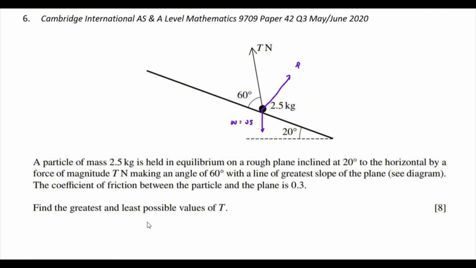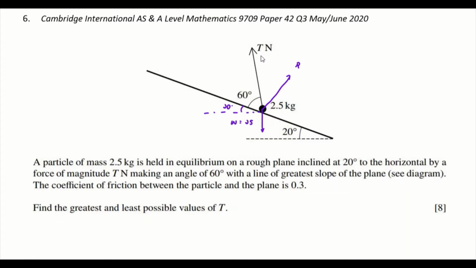Now let's label some of the important angles first. If this is a horizontal line, then I'll have my horizontal line here as well. This is 20, so this is going to be 20. You should know that 20 and 60 don't make 90 degrees, so the tension here is not perpendicular to the horizontal.